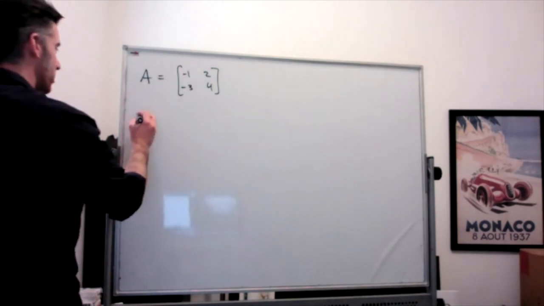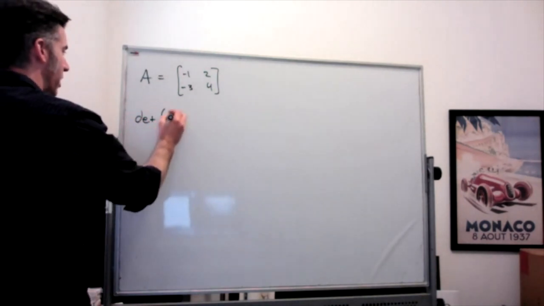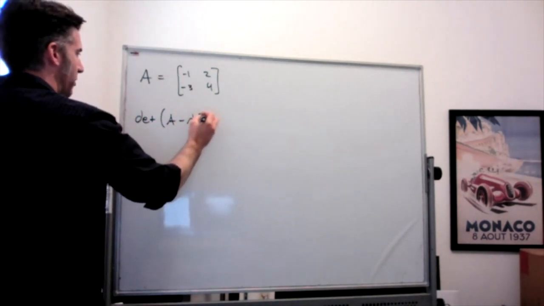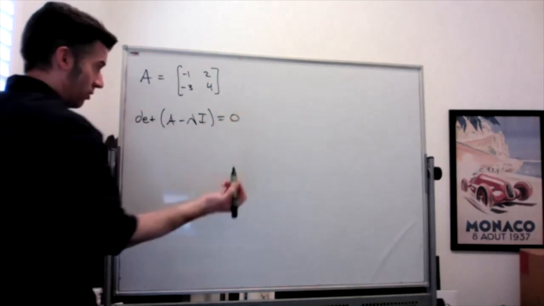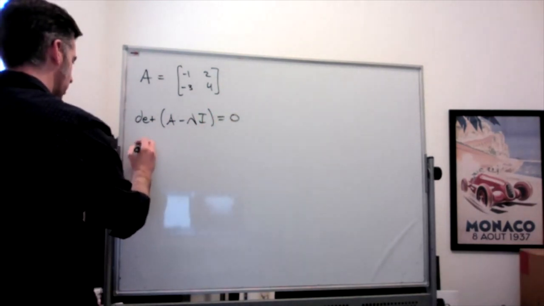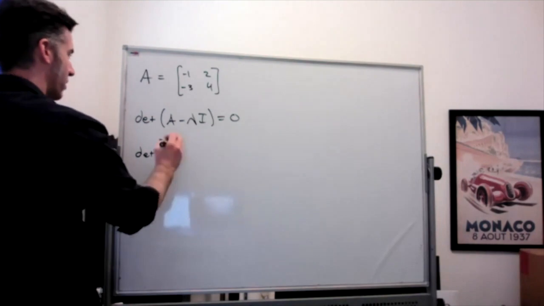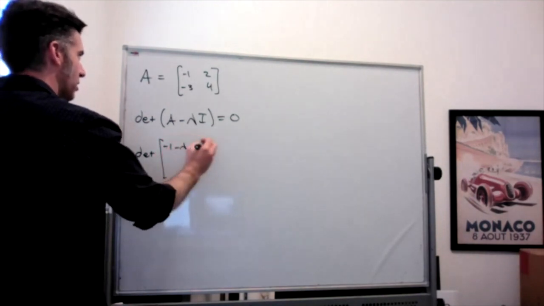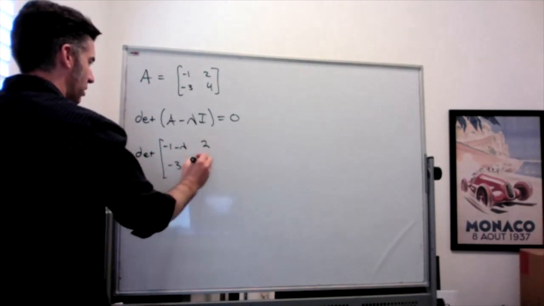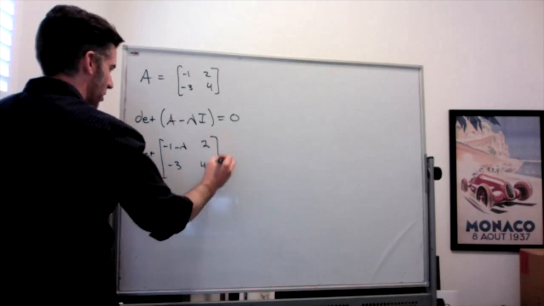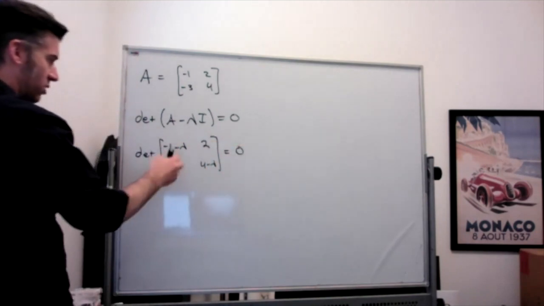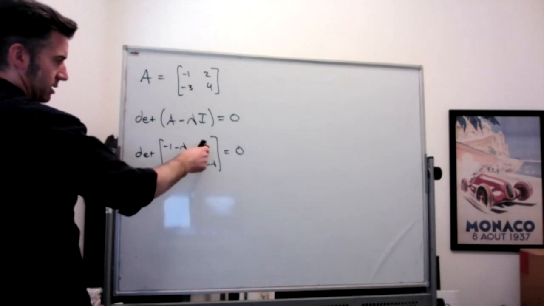So we're going to find the determinant of A minus lambda I, and set that equal to 0. That's the determinant of [[-1 minus lambda, 2], [-3, 4 minus lambda]] equal to 0. The determinant is this times this minus this times this.